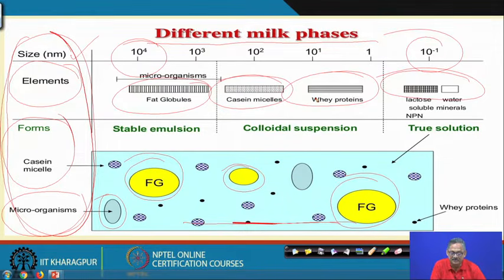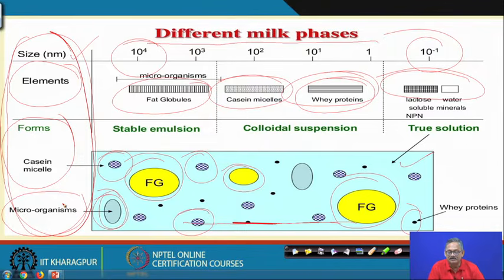So, what we see is that if this be a true solution, then these small units are whey proteins, which are smaller in size. Then we also have this kind of thing where this is casein. So, these are casein micelles, these are fat globules and these are microorganisms.